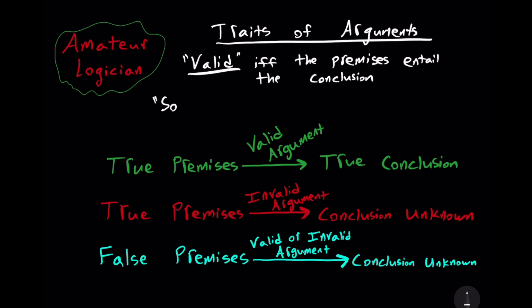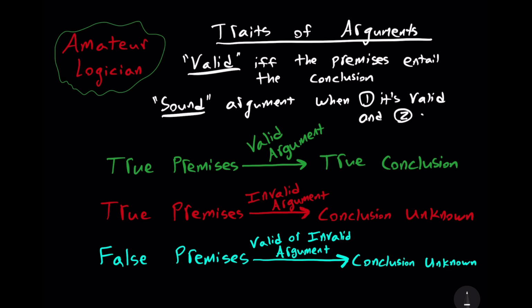We can also think about soundness versus unsoundness. So we have a sound argument when, one, the argument's valid, and two, all premises are true.